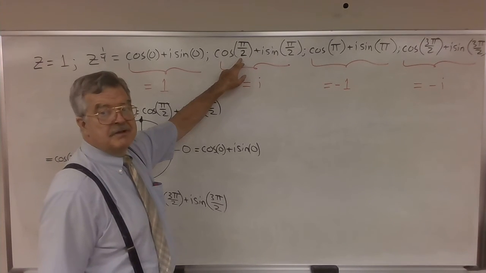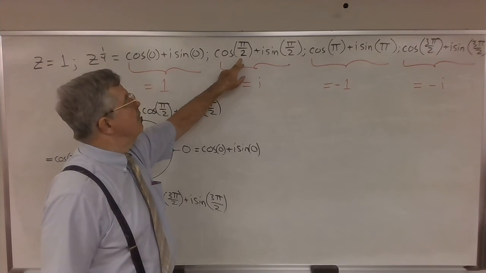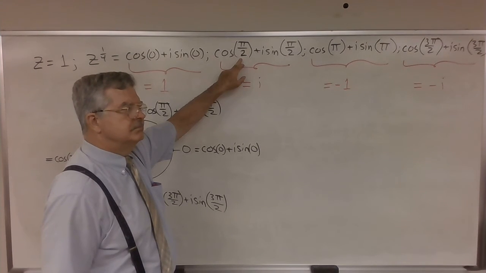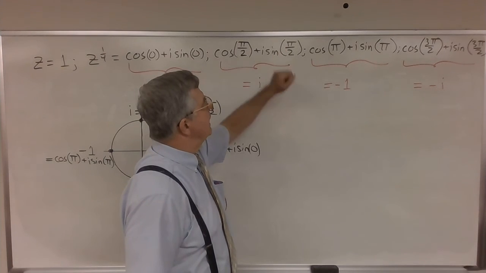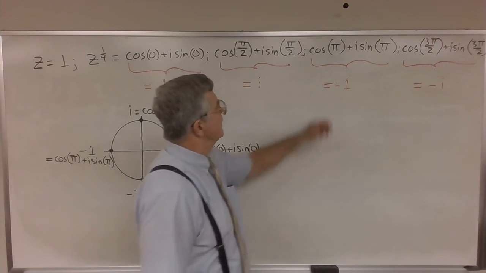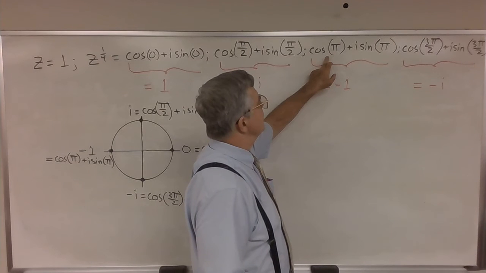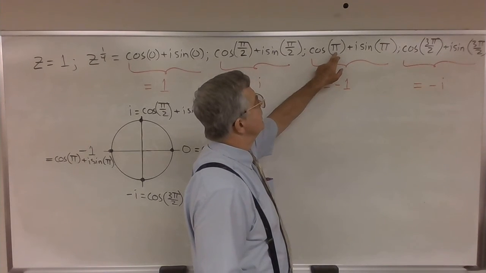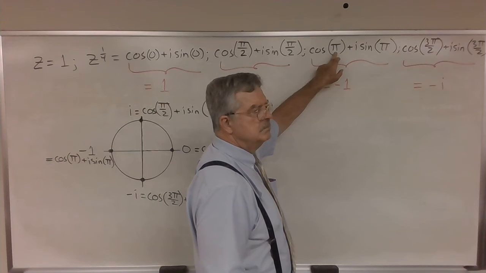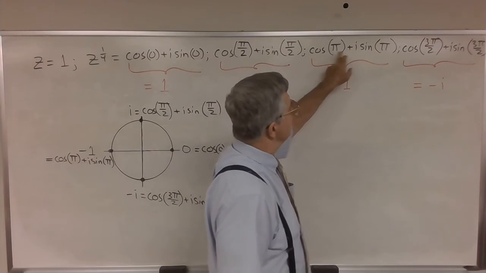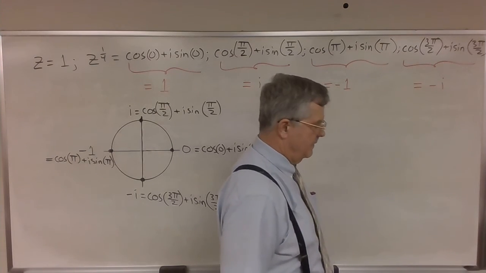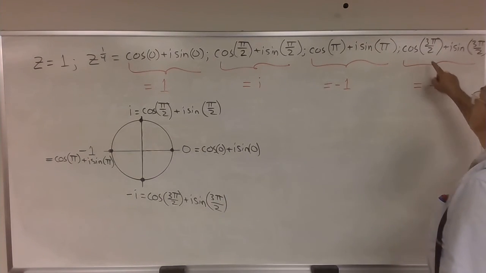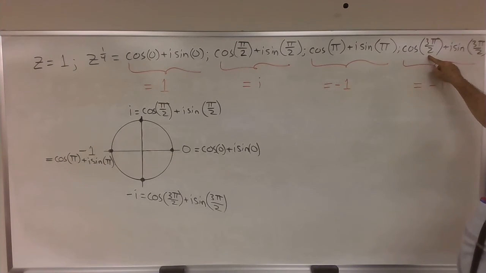Cosine of 0 plus 2 pi over 4 plus I sine 2 pi over 4. Cosine of 0 plus 2 pi over 4 plus I sine 0 plus 2 pi over 4. And cosine of 0 plus 3 pi, now let's see, what would that be?